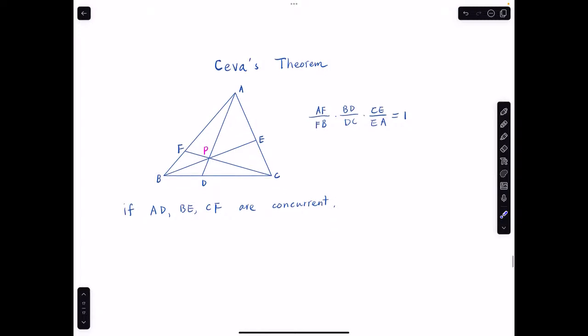So we're going to look at this particular term. Let's look at the ratio of this triangle, which is the area of triangle ABD.